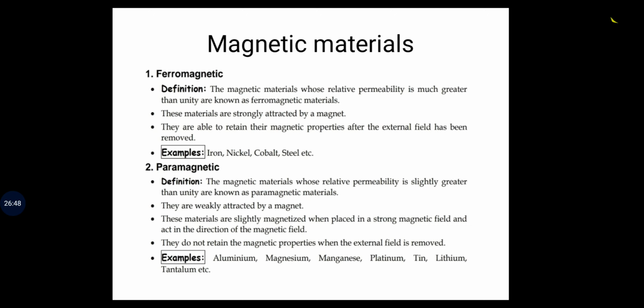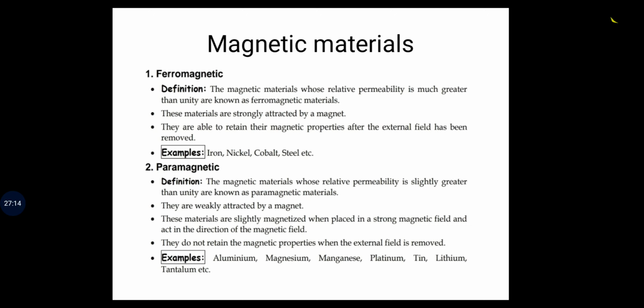In ferromagnetic materials, magnetic properties are retained when we remove the magnetic field, but in paramagnetic materials, magnetic properties are not retained when we remove the external magnetic field.